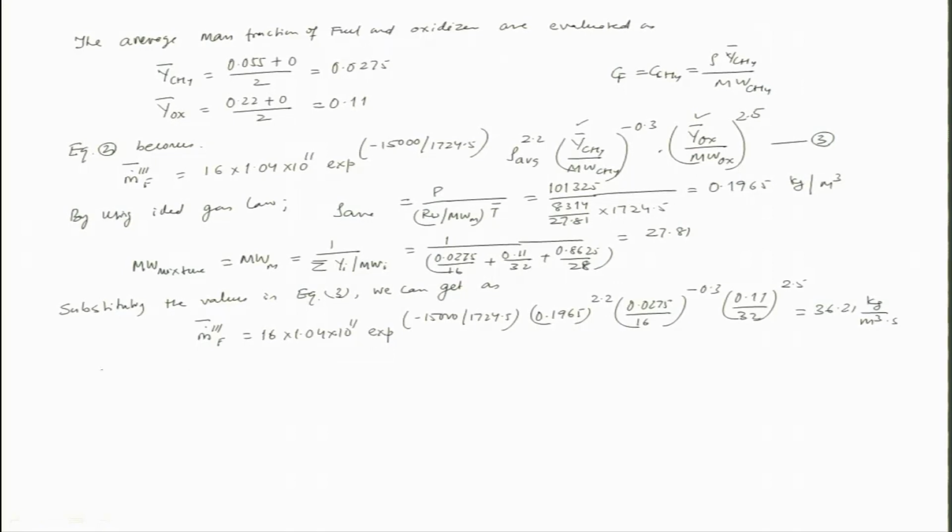And alpha we can evaluate as k at T average by rho CP, at 298 Kelvin, with CP at T average equal to 14.7 10 power minus 3, 1.18 into 1271.5, which is equal to 7.64 into 10 power minus 5 per second.